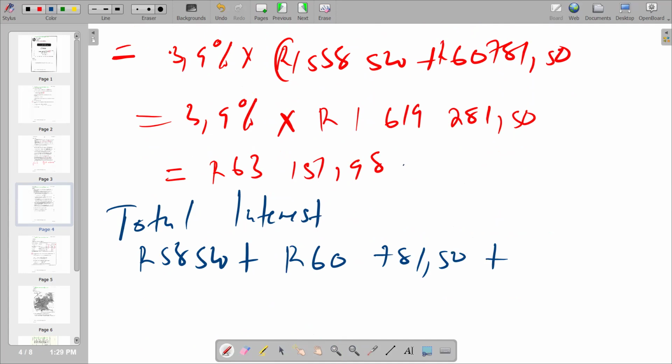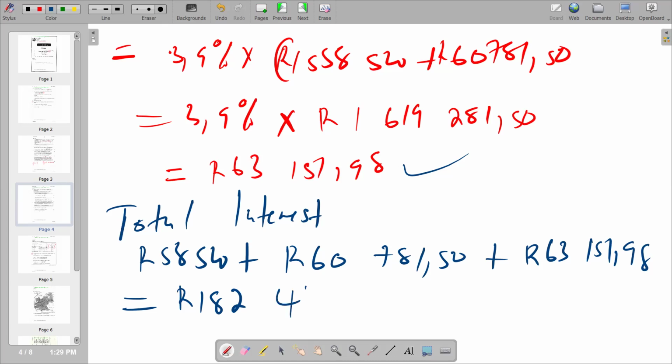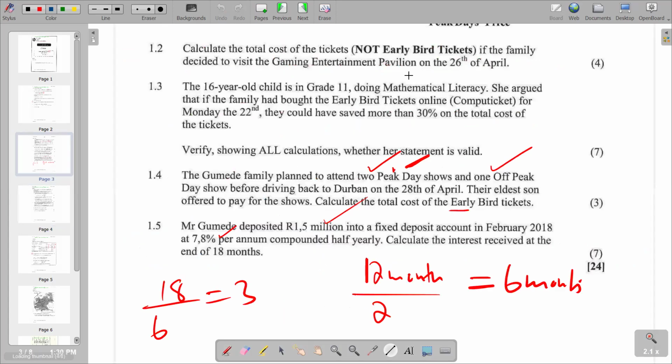And then we add the last one, which is 63,151 rand 98 cents. So we get the total interest. So total interest there becomes 182,433 rand 48 cents. So this becomes the total interest. And remember, this is the final question that we have on question 1. Of course, we need to move on to our question 2.